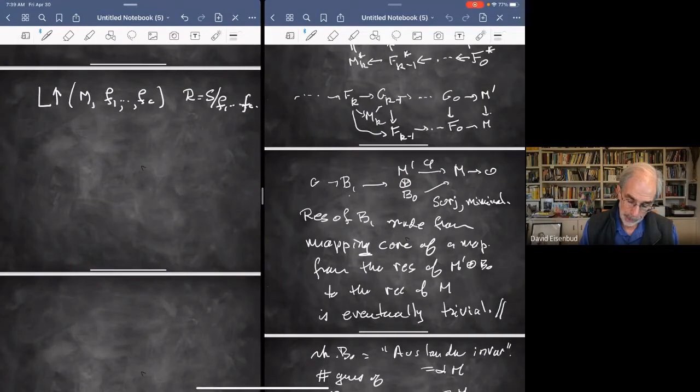You could take S to be any Gorenstein ring, but you'll get finite resolutions if you take it to be a regular ring, of course. So that's the case I want to look at. So this is going to be an S-free resolution of M.